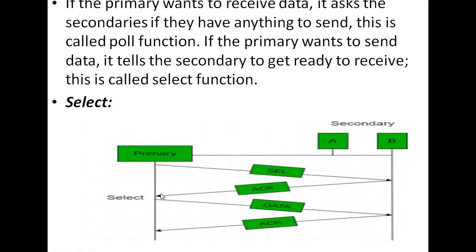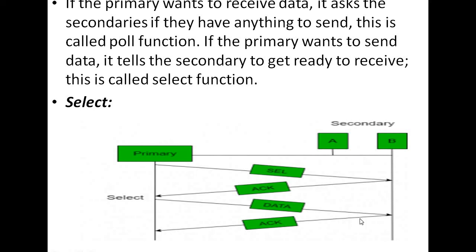So after getting a positive acknowledgement, the primary site starts sending data towards the destination end, and after the complete message reaches the secondary site, again an acknowledgement is generated at the secondary site and passed towards the primary site, and that acknowledgement was a positive one.